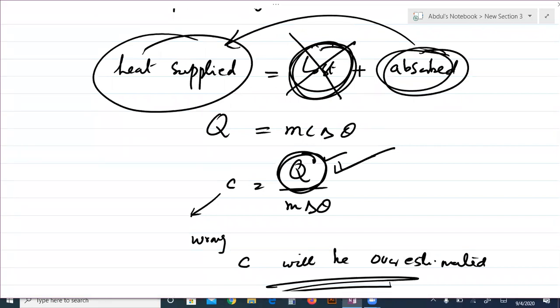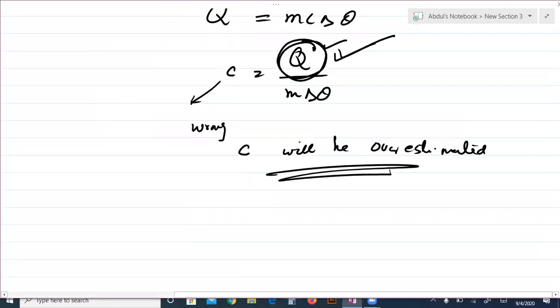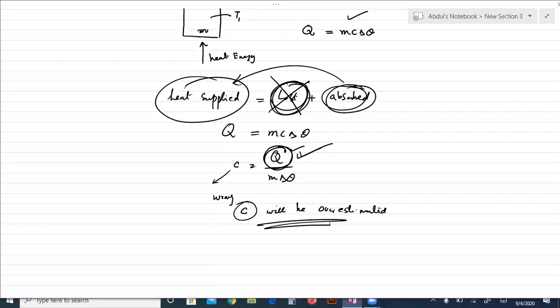When loss is ignored, the answer for the specific heat capacity will be higher than the actual, and this is called overestimation. So when heat is lost to the surrounding and it is ignored, then all calculations of the specific heat capacity or heat capacity will be overestimated.